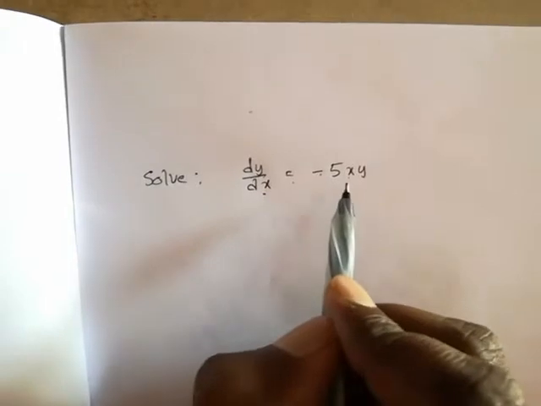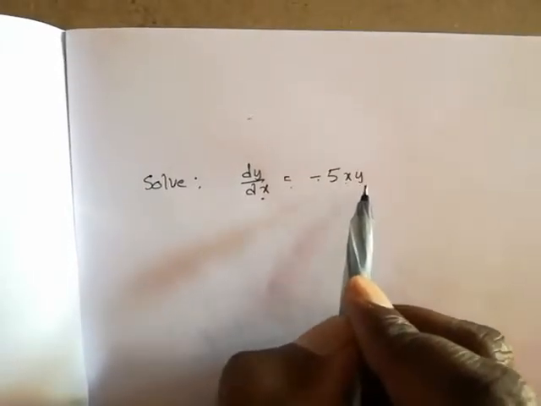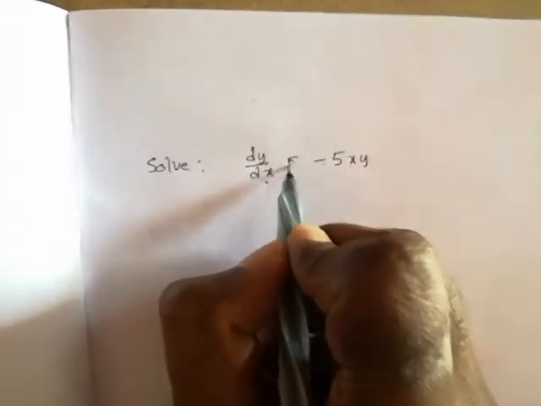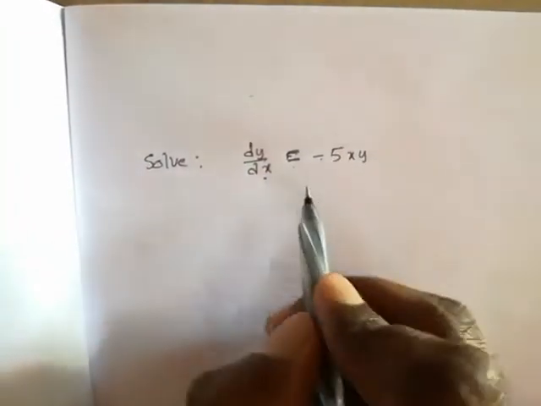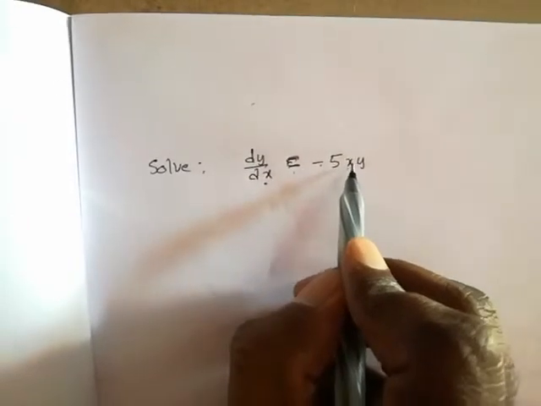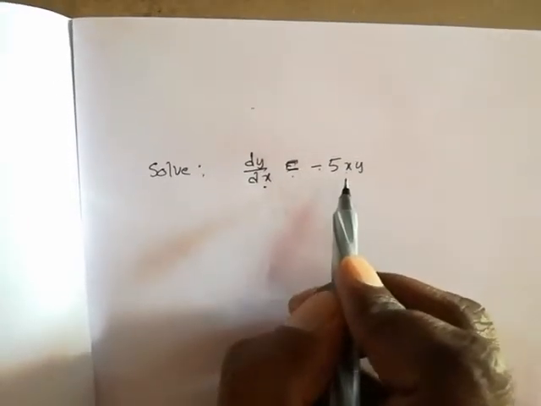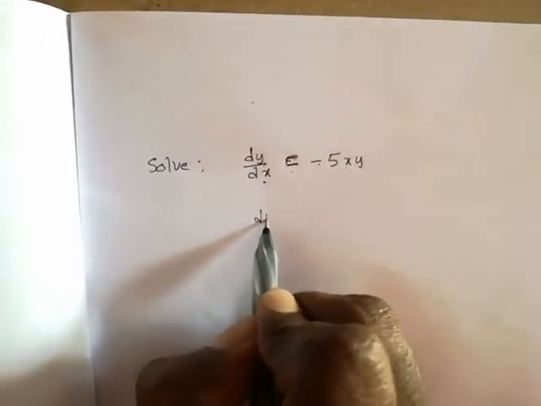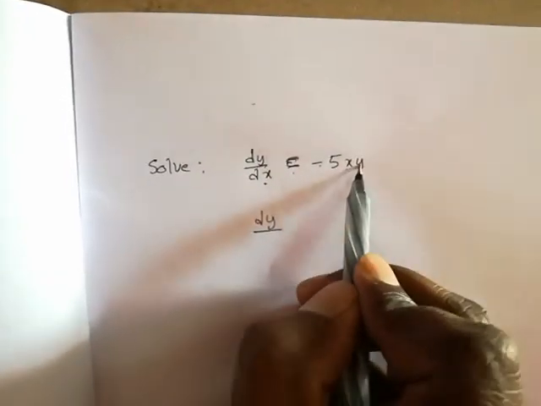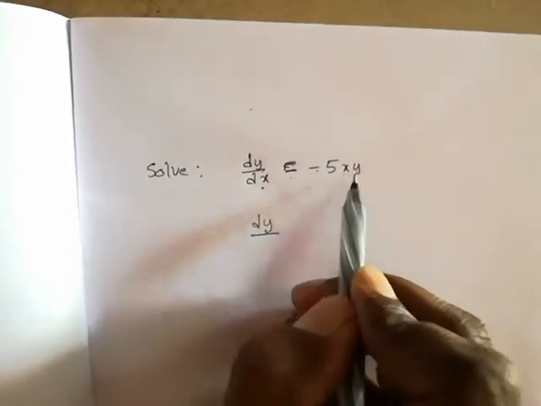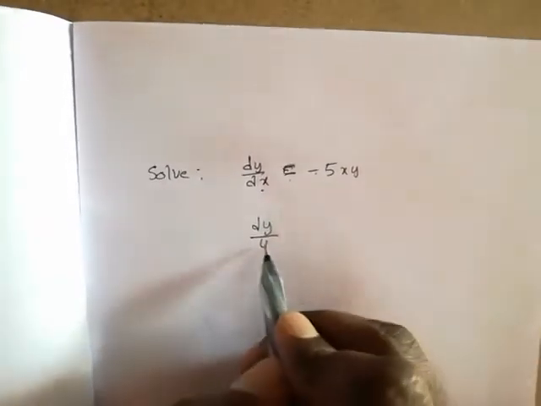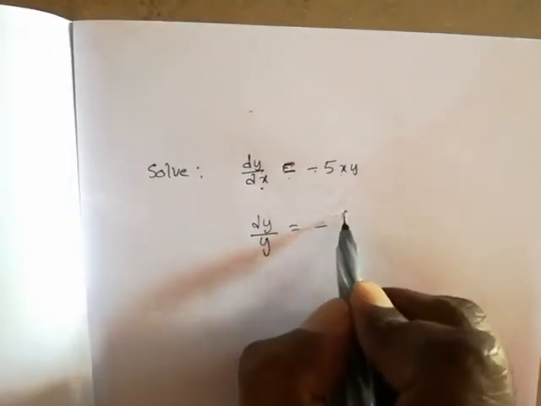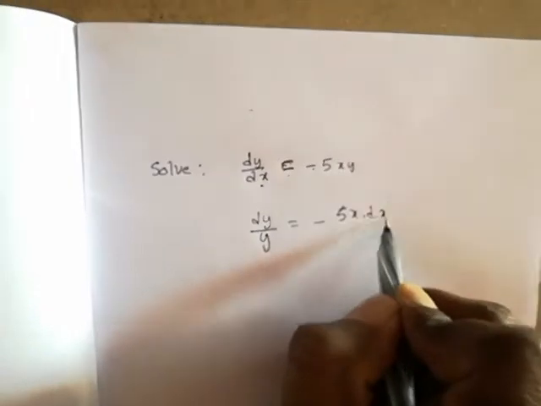Here x and y are two variables, so here we can separate the variables x and y. So take y from this side to this side: dy by y equals minus 5x into dx.